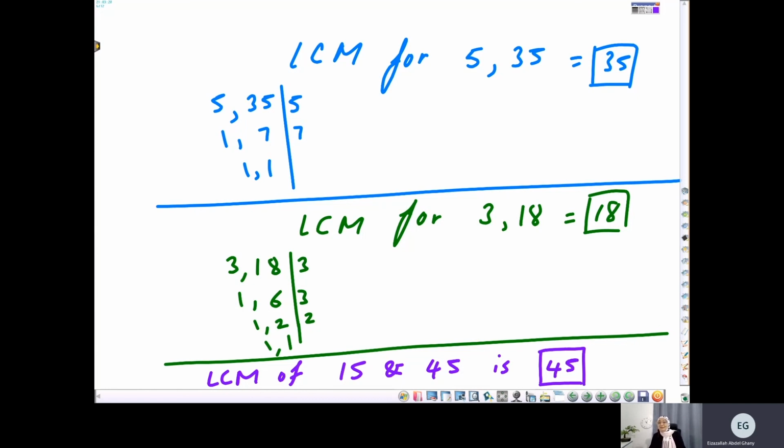And when we take a further, advanced topic, adding algebraic fractions, you need to know that if a number is a multiple of the other one, this is the LCM. If a number is a multiple of the other one, it is the LCM. 15 and 45, yes, because 45 is simply 15 times 3. So this is the LCM.